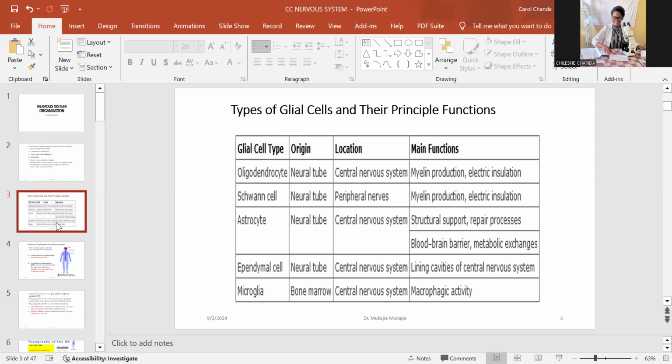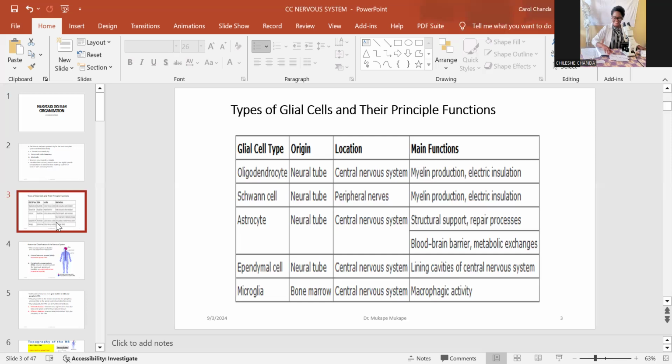And then we have ependymal cells. The ependymal cells also originate from the neural tube. These ependymal cells are found in the central nervous system. They normally line the cavities of the central nervous system, for example, the lateral ventricles, the third ventricle, and the fourth ventricle.